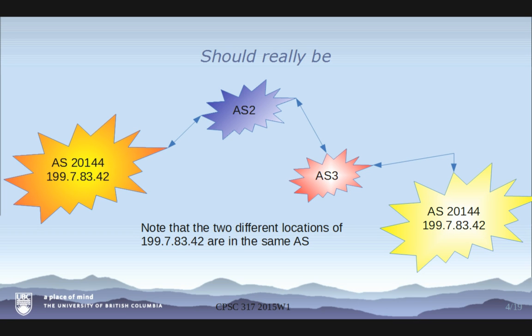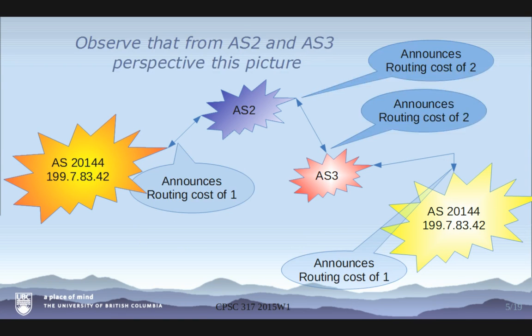So now, just to put some perspective on this, we look at this and say, okay, there's what I showed you. I said it's going to announce a routing cost of 2, for example, from AS3 to AS2 to get to 199 and similar sorts of things.